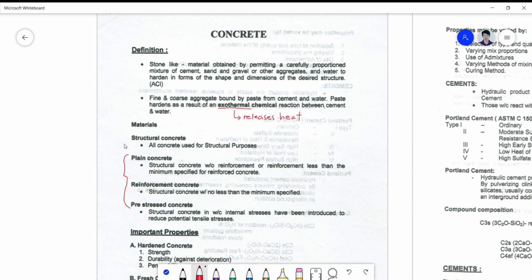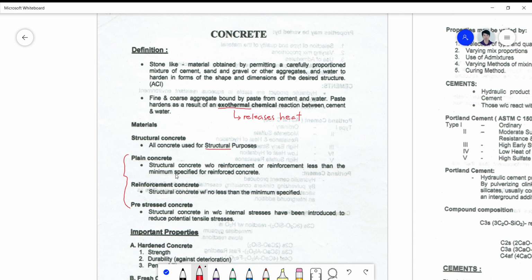So for structural concrete, we normally use structural concrete for structural purposes, and we also have subtypes of structural concrete on the basis of the use and the function.